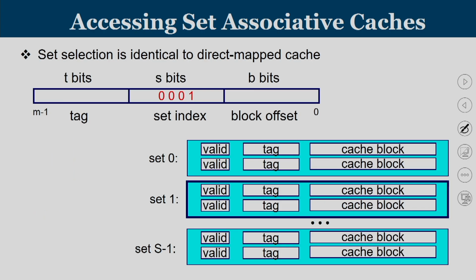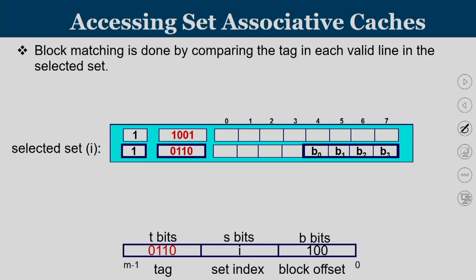Now, how will you access? From the given address, again we go to the index bits. Here also my index value, say, is 1. So, I go to set number 1. Once you reach set number 1, block matching is done exactly like in a direct mapped cache, by comparing the tag in each valid line. So, you see whether anything is valid.